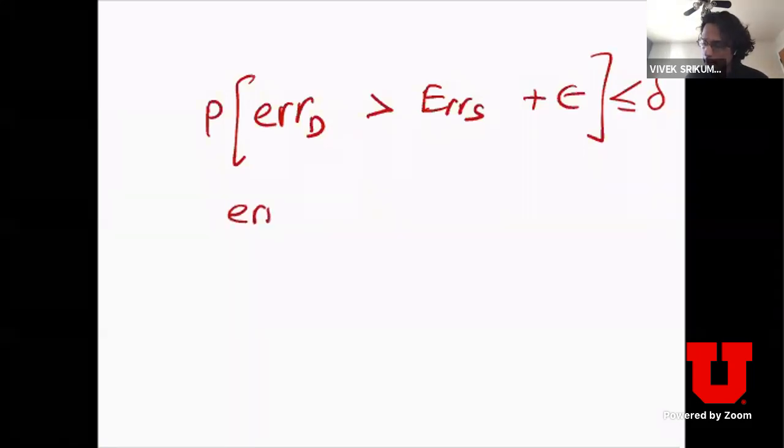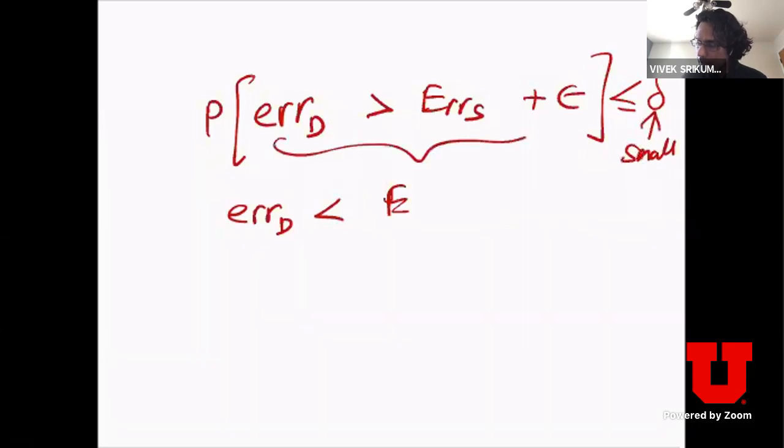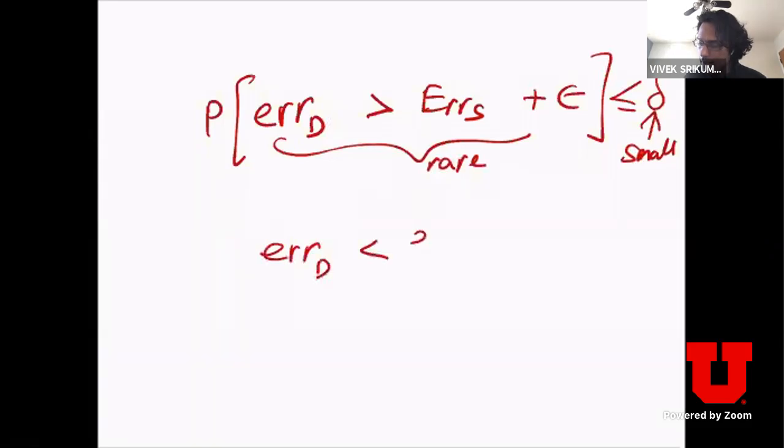If this delta is small, then this event is rare, which means it is more likely that error D is less than error S plus epsilon. As a result, the generalization error is not more than epsilon away from what we see during training.